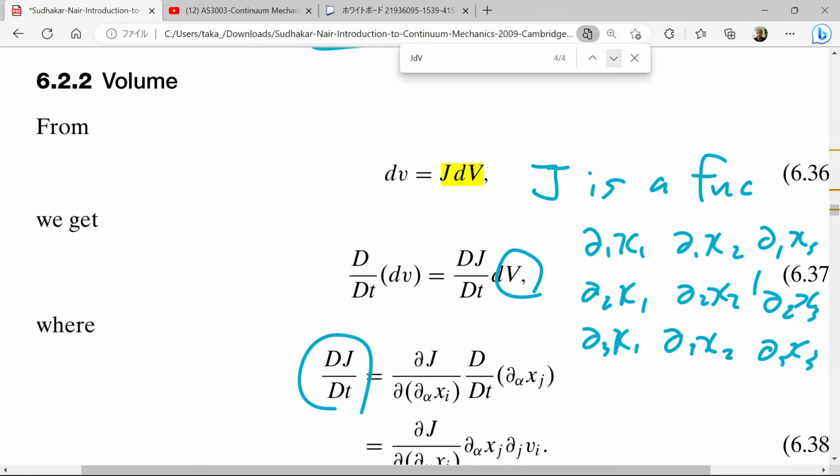So J is a function of 9 parameters, right? So we take the derivative with respect to the 9 parameters like this.